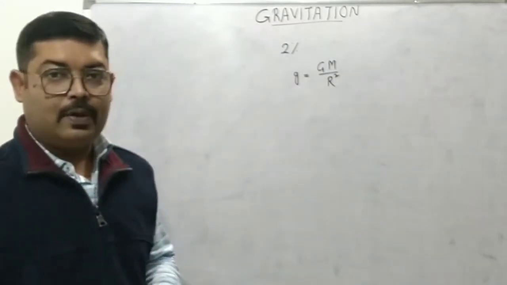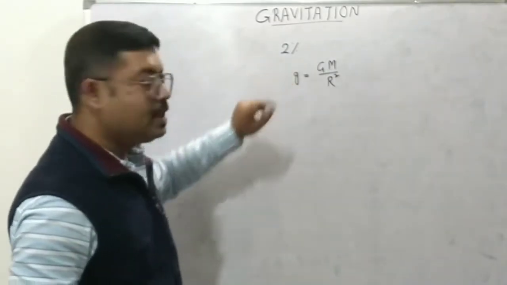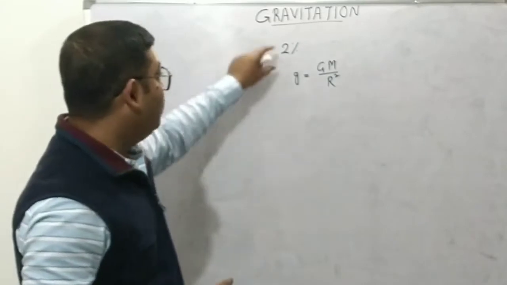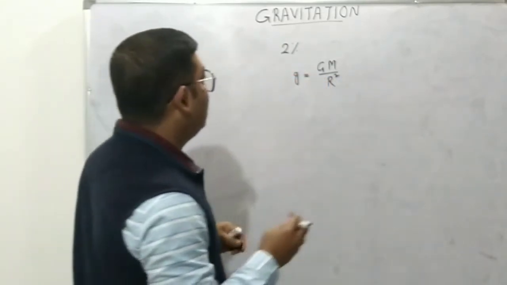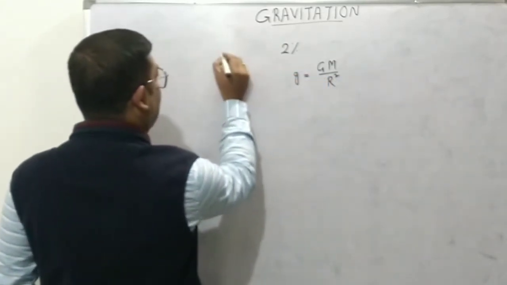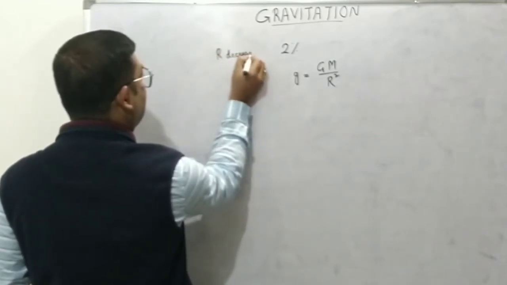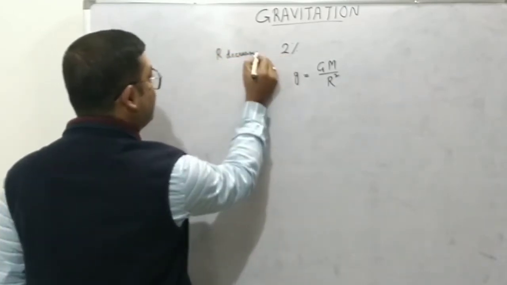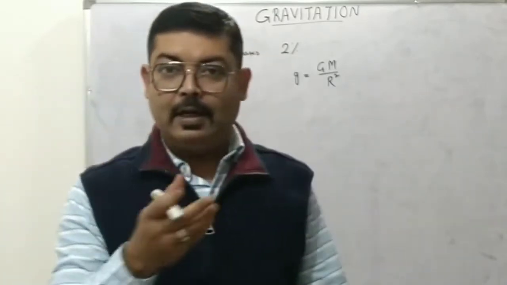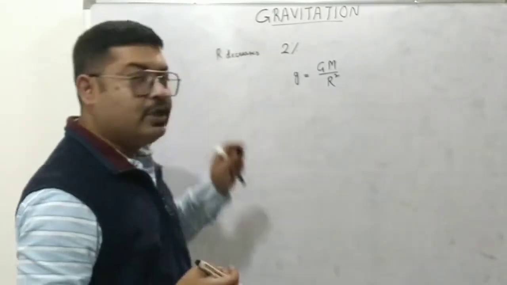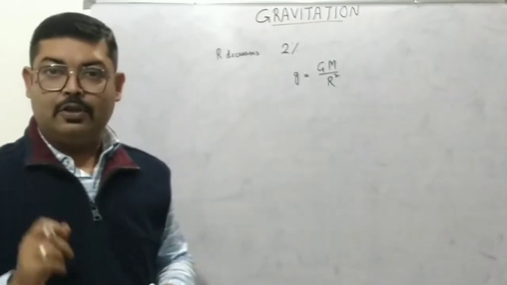So to solve this, what we have been given is how g changes, how r changes. Now when we say radius decreased by 2%, what it means is that the final radius is lesser than the initial radius by a percentage of 2.